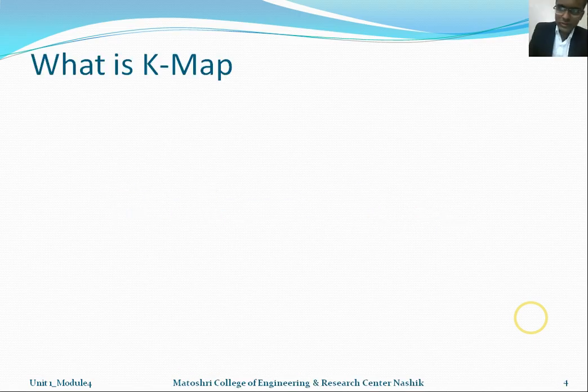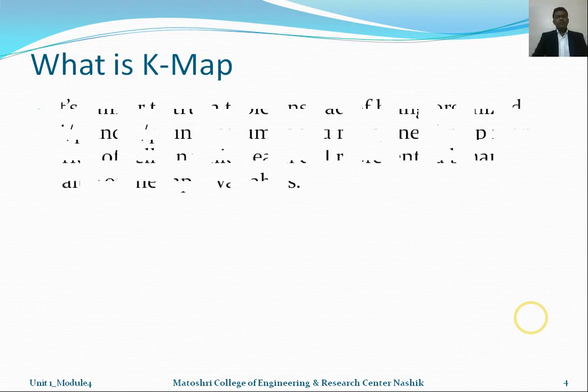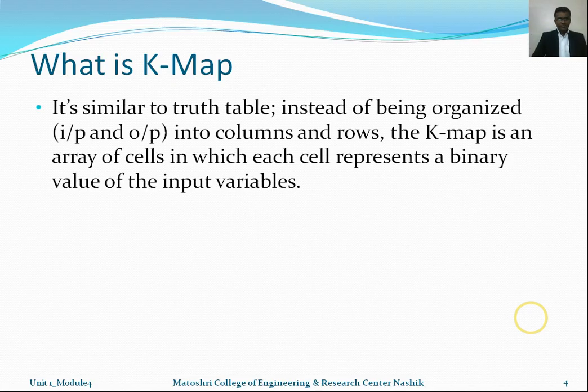Firstly we have to start with the help of a formal definition. The K-map is nothing but an array of cells including columns and rows. The array of cells depends on the input variables.